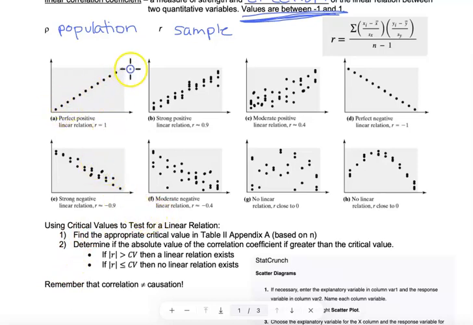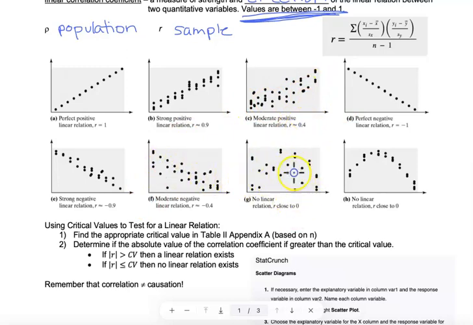You can see an r value of +1 is a perfect line in a positive direction, and -1 is a perfect line in a decreasing direction. When we go down to 0.9, it's not a perfect line, but very, very linear. Then you can see we're moderate here. Where's the r? About 0.4.